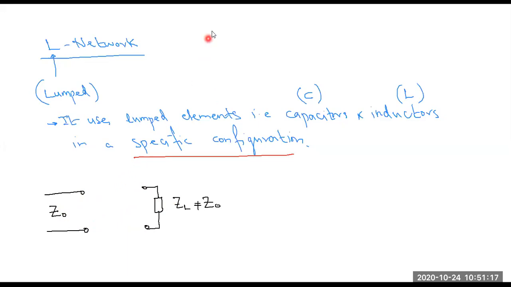One of the possible ways is, or I will represent this with a general notation, there will be one lumped element, let's say represented by its reactance X, and another lumped element will be connected in parallel and it will be represented by its susceptance, whose symbol is B. And this is the circuit that we will connect in between the load and the transmission line.